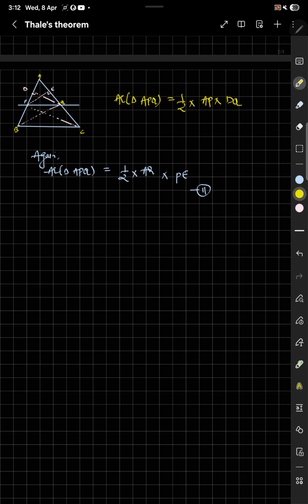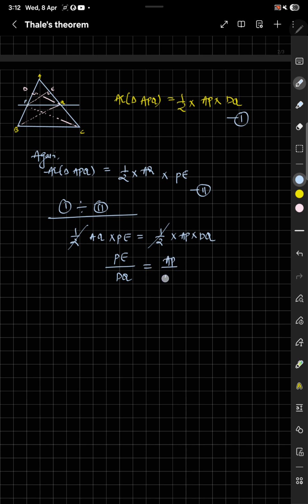So from these 2 equations 1 and 2, if you divide 1 by 2, what you will get is 1 by 2 AQ into PE is equal to 1 by 2 into AP into DQ. So this one will get cancelled out, and what we found is PE upon DQ is equal to AP upon AQ, right? Name this as 3.